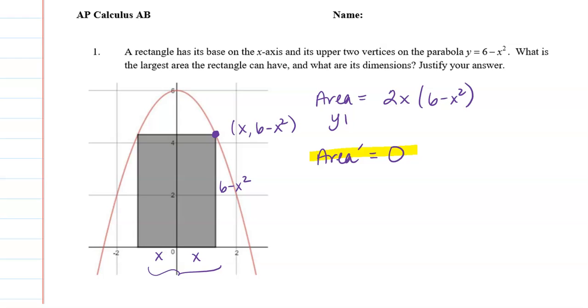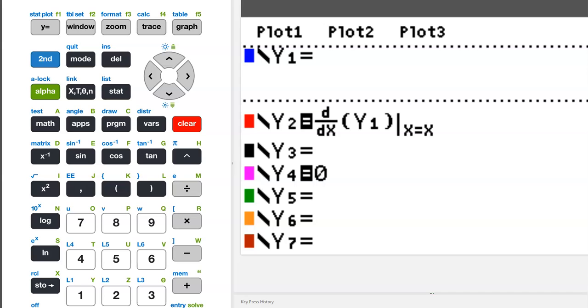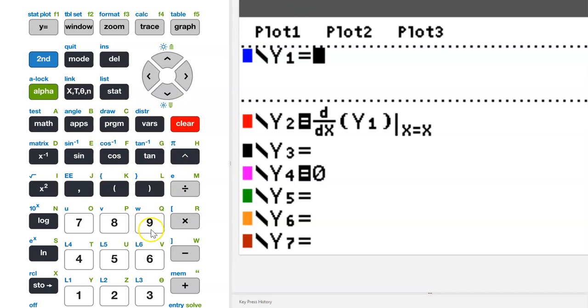So in your calculator, we'll type 2x times 6 minus x squared. Turn it off.